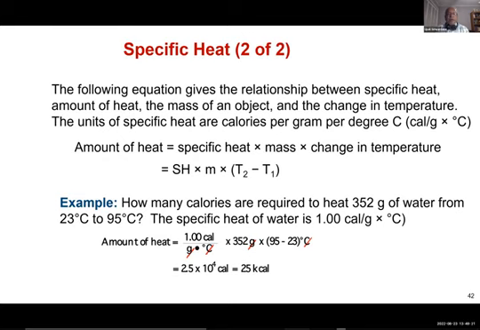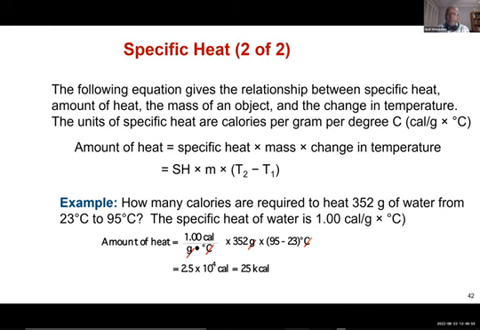If you have a problem like shown below, an example, you are asked to calculate how many calories are required to heat 352 grams of water from 23 to 95, and the specific heat of water is given as 1.00 calorie per gram per Celsius degree.